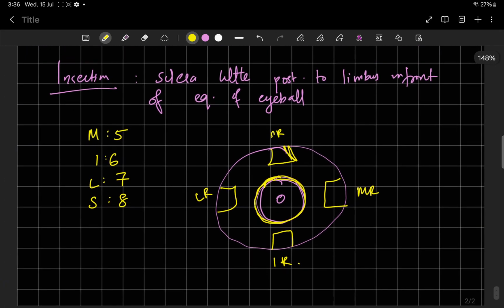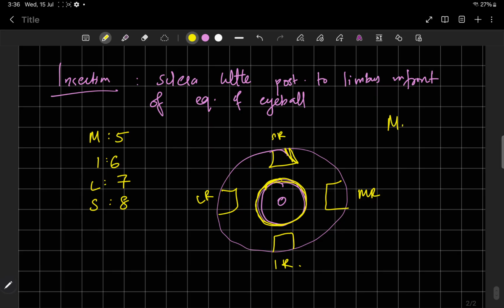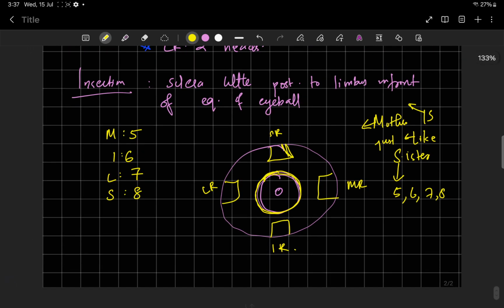There is a small mnemonic: Mother is just like sister. M stands for medial rectus, I for inferior rectus, L for lateral rectus and S for superior rectus, and they come in the order 5, 6, 7 and 8. So that is about the insertion of the recti muscles.